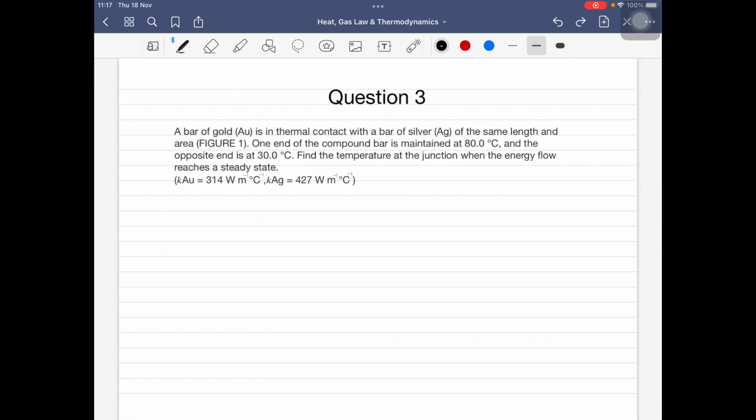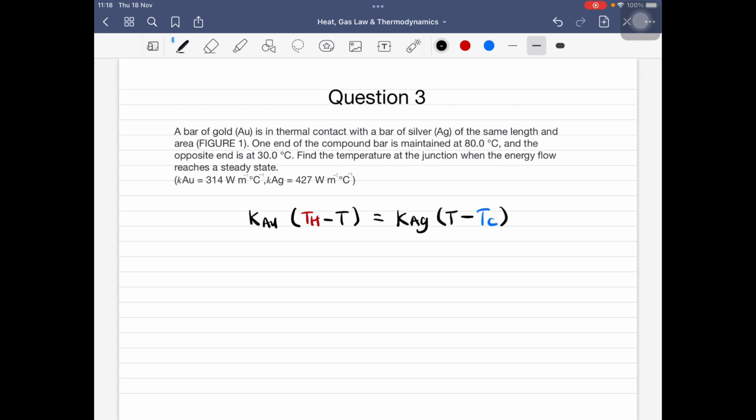Next it will be the thermal conductivity of gold times the temperature difference, T hot minus T junction, equal to the thermal conductivity of silver times the change in temperature, T at the junction minus T cold.